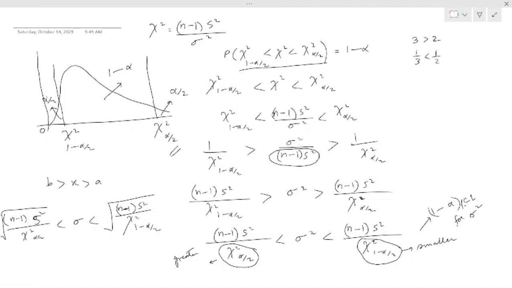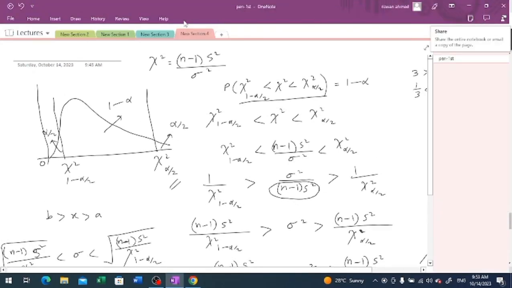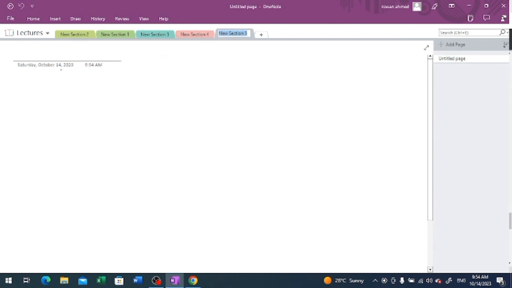Now, same as usual, I'm taking an example to apply this formula. I'm going to write down the formula again here.